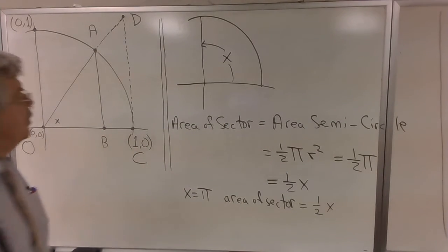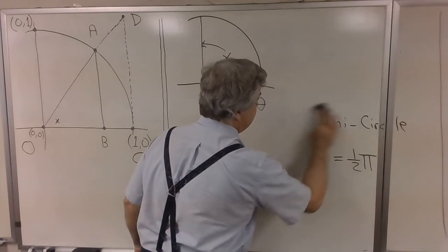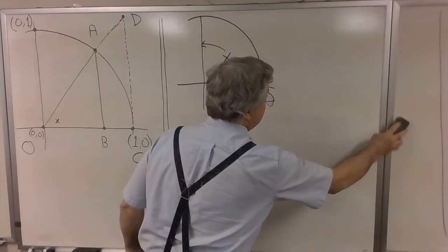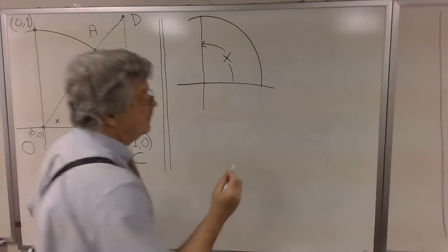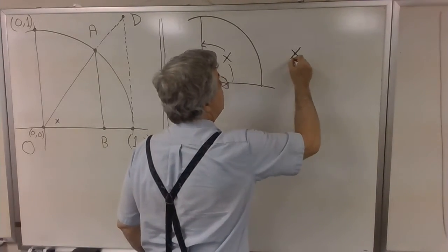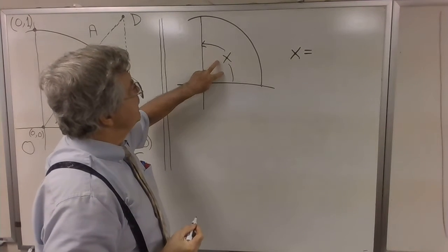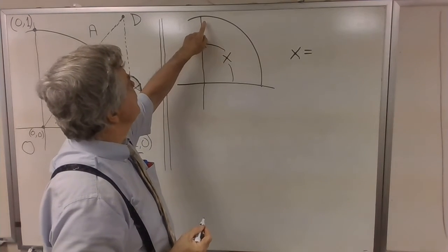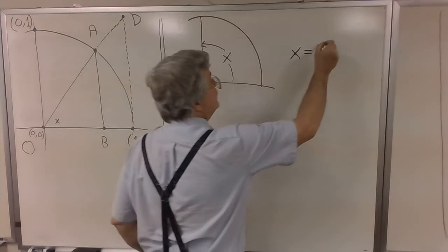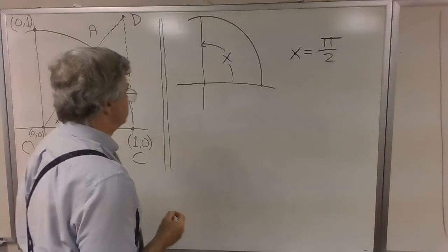We'll look at a quarter of the unit circle. So a quarter of the unit circle, this angle x is going to be, well, let's see, it starts at 0 and goes to pi over 2. So the angle x is pi over 2.